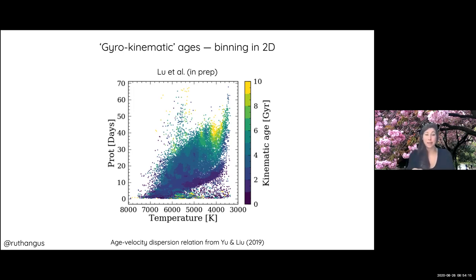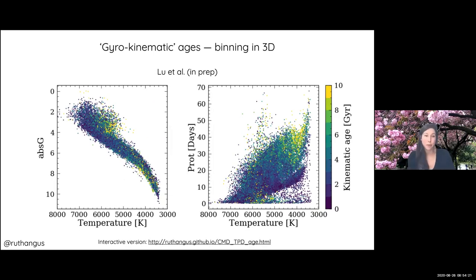Now we actually take things a step further than this, and we don't just bin in 2D, we now bin in 3D, and Lucy has been optimizing bin size using a sample of comparison stars, which I'll explain in a second. So we actually bin in 3D now. We don't just bin in period and temperature, we also bin in absolute G magnitude.